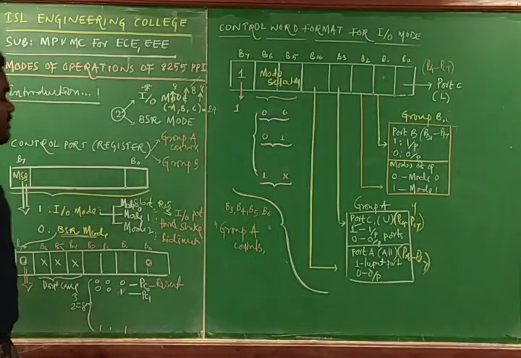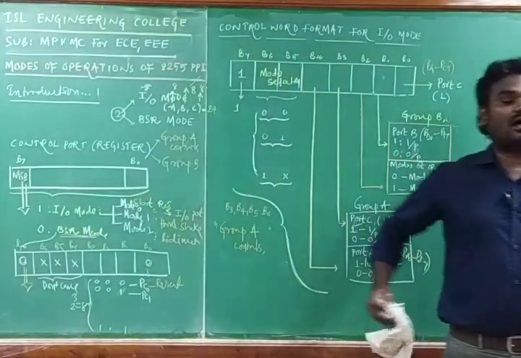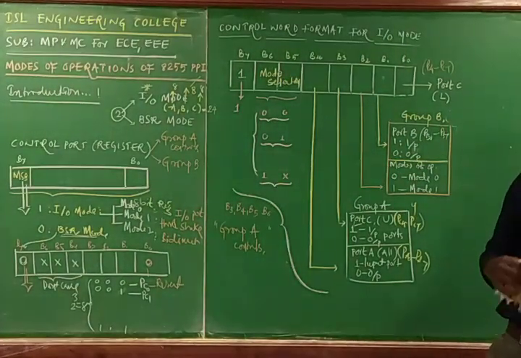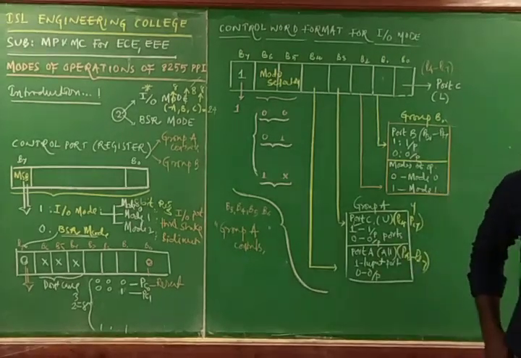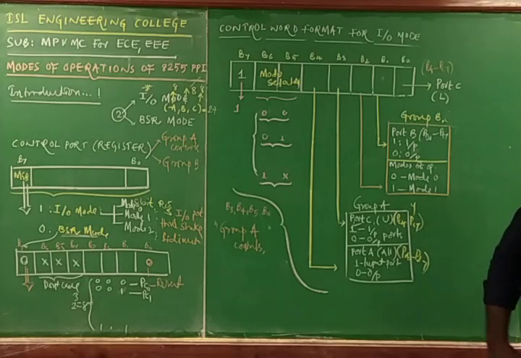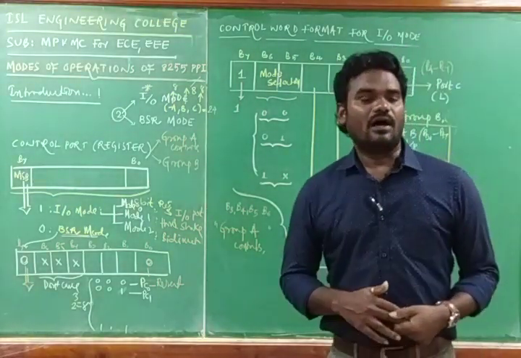This is about the BSR mode of operation and the control word format, or control register format, which is used to operate in the BSR mode and to set or reset the selected port C signal.